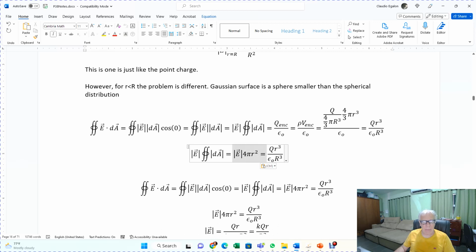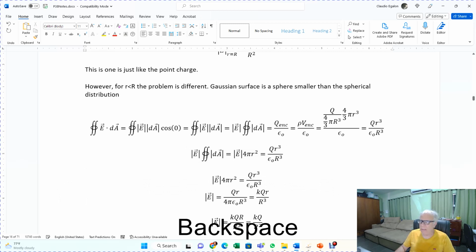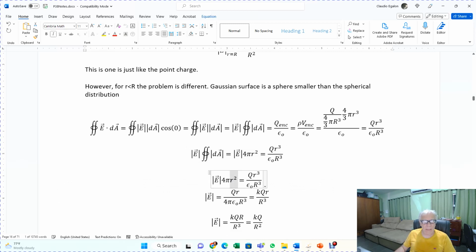And now we can solve our problem in terms of the electric field according to this relation, right? And what do we get? We get that this r squared is going to cancel out this r cubed, right? We're going to get that the electric field is going to be a linear function of r.